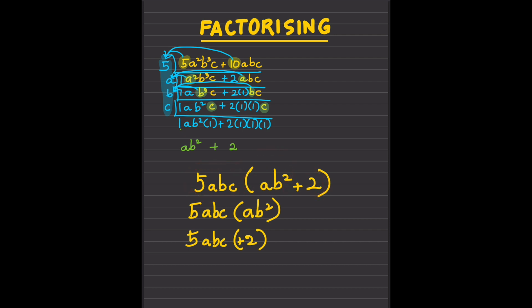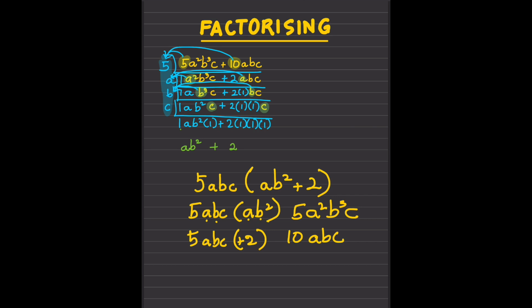So what do we have? We have 5. A times a is a squared. B times b squared is b to the third, and c. And this one is 2 times 5, which is 10abc.